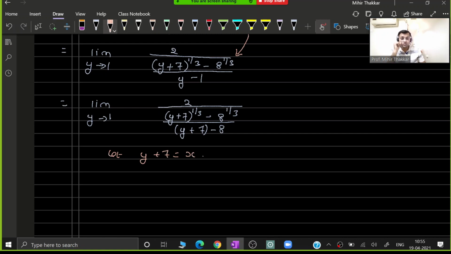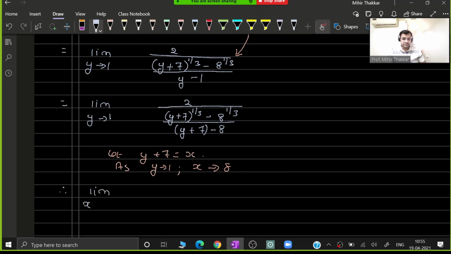So if I know that y plus 7 is equal to x, I can say as y tends to 1, what will be x? 1 plus 7, which is 8. So when you apply the change of limit, you get it like this.